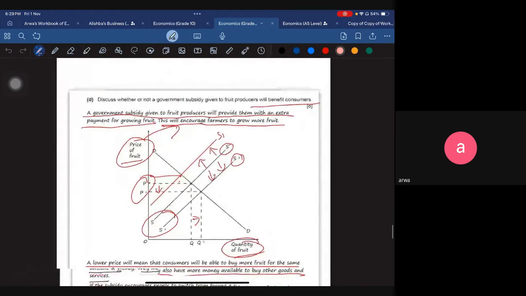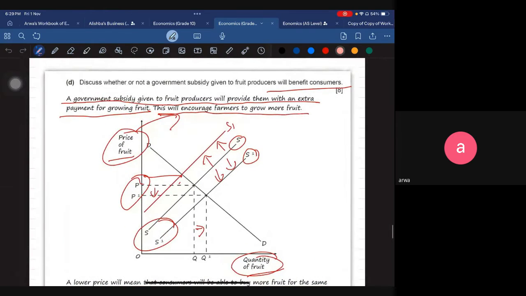So if you see this 8 mark question, and this is for even the O levels: discuss whether or not a government subsidy given to fruit producers will benefit consumers. So he didn't ask to make any graph which shows the impact of subsidy on the demand and supply diagram, but he made that, right?